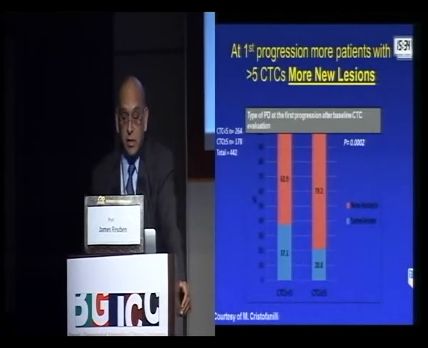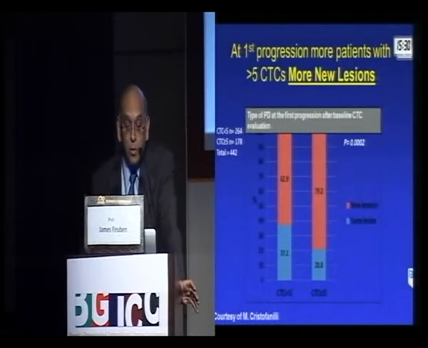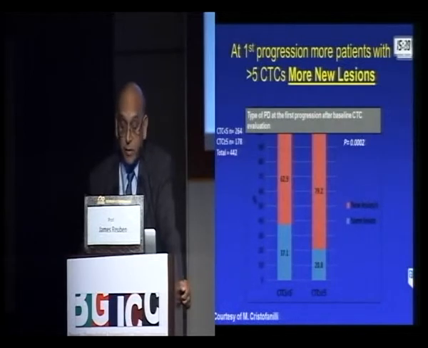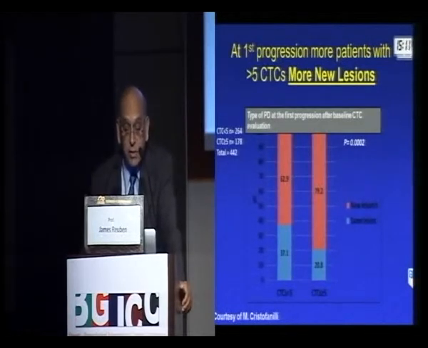On the next slide, the slides are built in the same format, where on the y-axis you'll see percentages of patients who are positive for a particular marker, and on the x-axis there are two columns, one of patients on the left that have fewer than 5 CTCs, and on the right, patients who have had at least 5 CTCs. And on this slide, you can see that patients who have more than 5 CTCs at first progression had more new lesions than patients who had fewer than 5 CTCs.